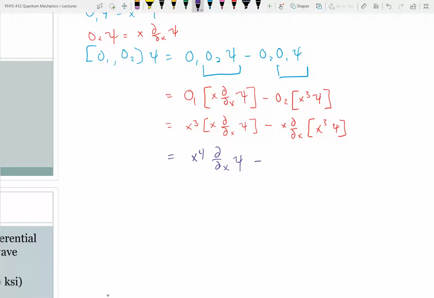The one on the right is not quite so simple. It's going to be x times 3x squared psi plus x cubed d/dx psi.